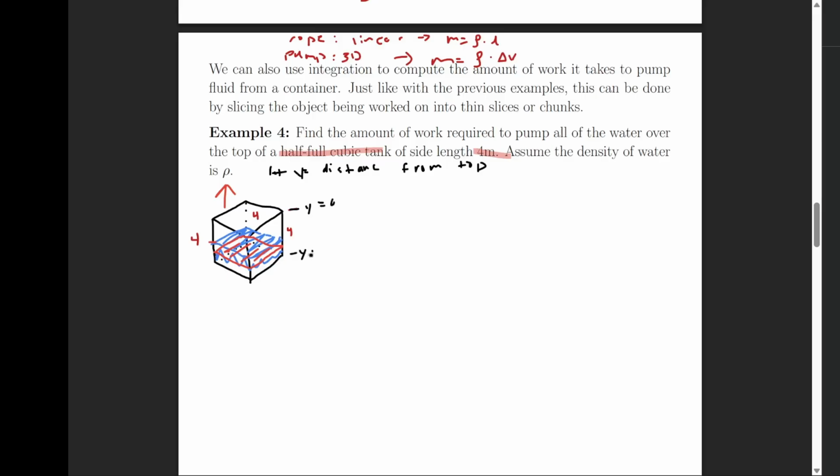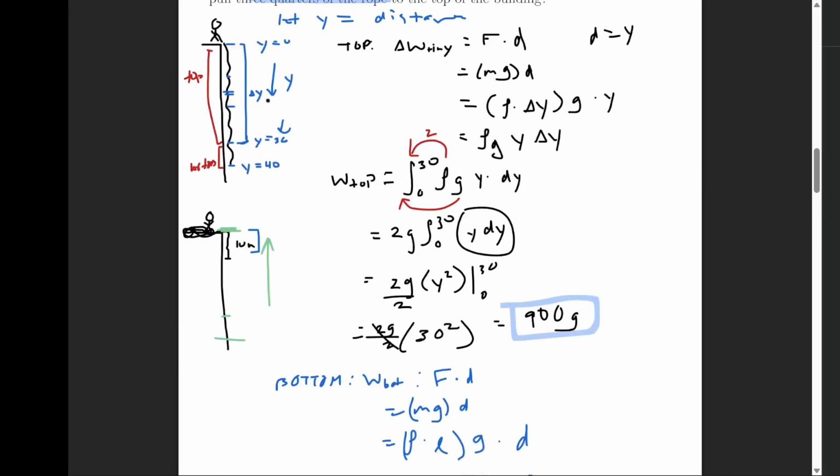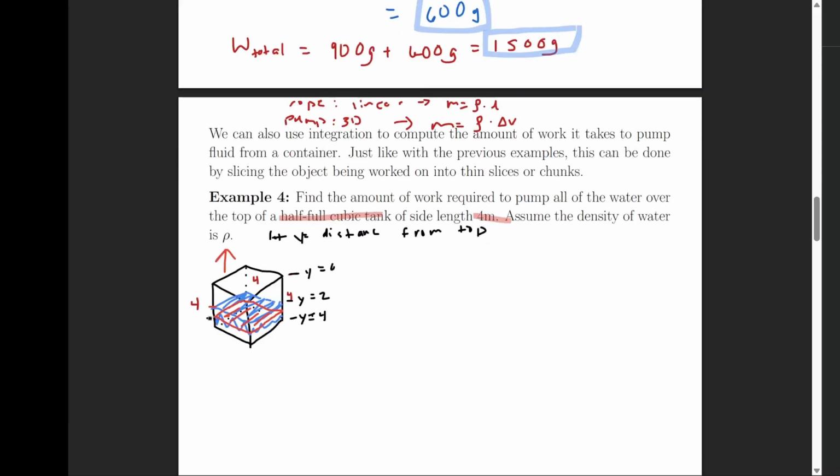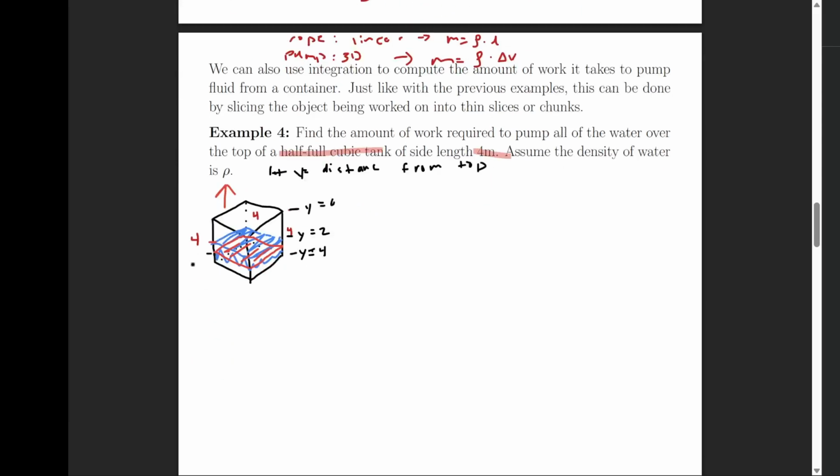The bottom of the tank, as it says, side length of 4, so the bottom is going to equal 4, and it's halfway, so the halfway mark is going to be equal to 2, right? And then similar to this question, one slice of the water is going to be delta y, and going down, it's y, like distance.